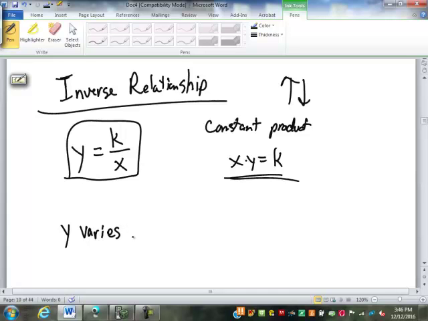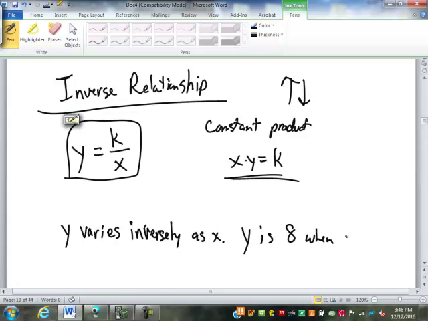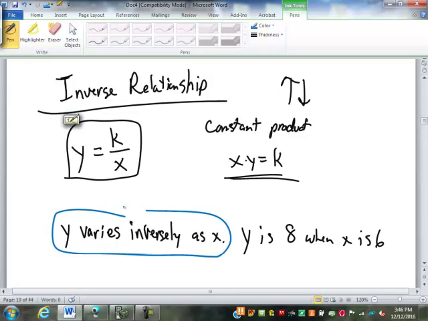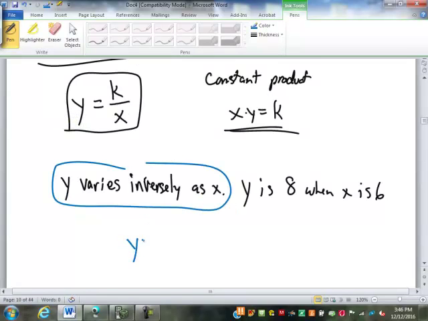So let's say we're told y varies inversely as x, and y is 8 when x is 6. What is this telling us? Well, y varies inversely as x is telling us y equals k over x.